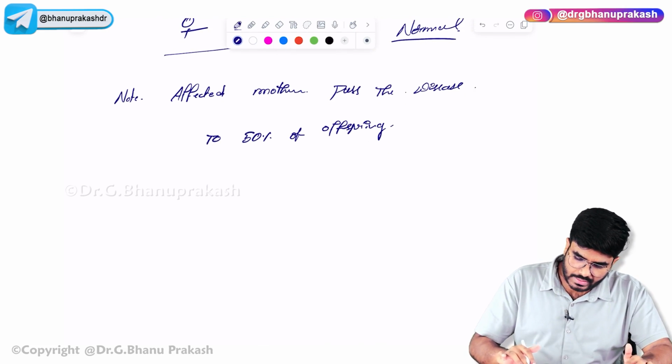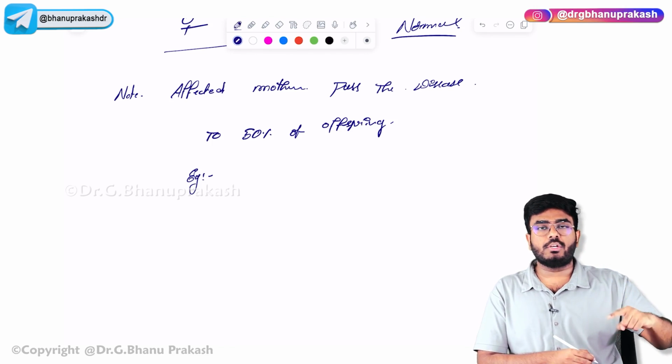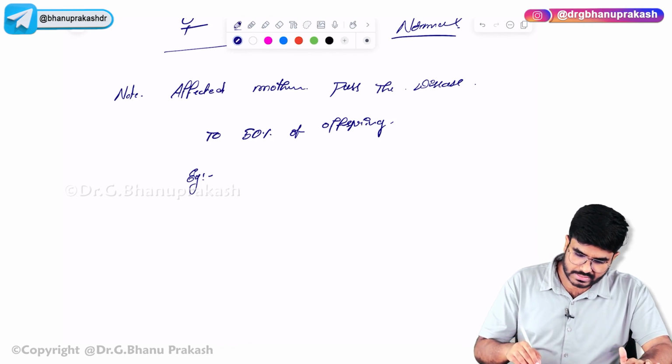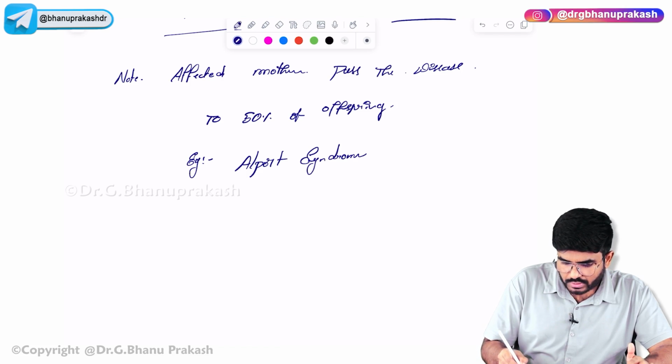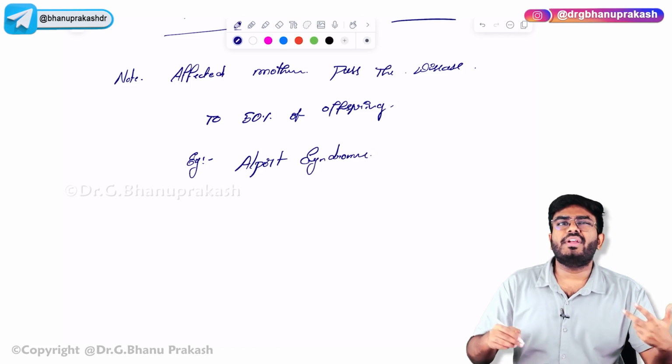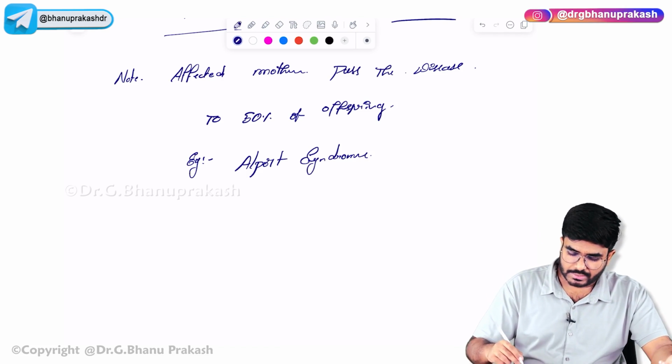Okay, and done. Now, what are the examples of diseases which follow X-linked dominant inheritance pattern? Which diseases? Alport syndrome, which is a nephritic syndrome where the patient is going to have hematuria, recurrent hematuria can be seen.